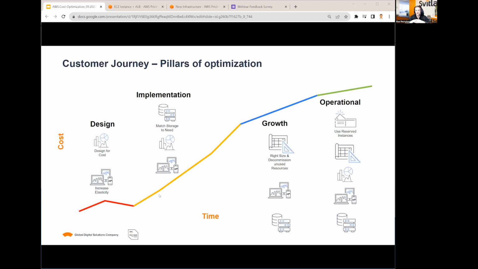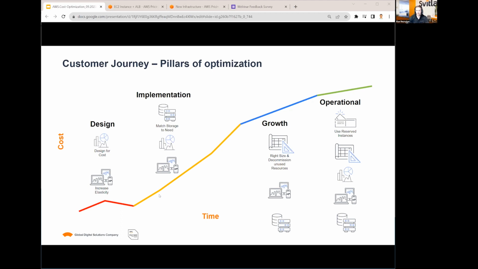At third stage, growth or production, we more or less understand what we need. We already have stable infrastructure, and here we mostly could tune our cost by using right size instances, right size resources, removing unused resources, and at the last stage, keeping in mind all these principles.